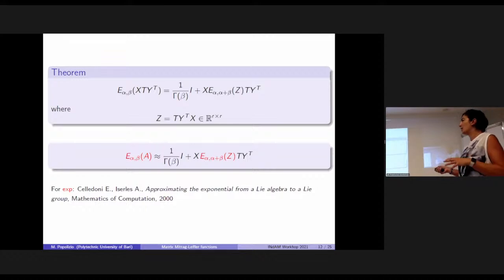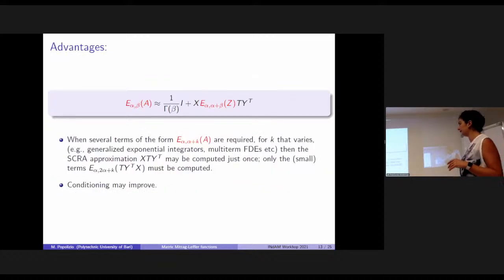Okay, so in our context, we mix these two factors. We approximate A by means of X T Y transpose, and so we approximate the Mittag-Leffler function of A by means of this combination. And so we reduce the problem to the computation of this part.